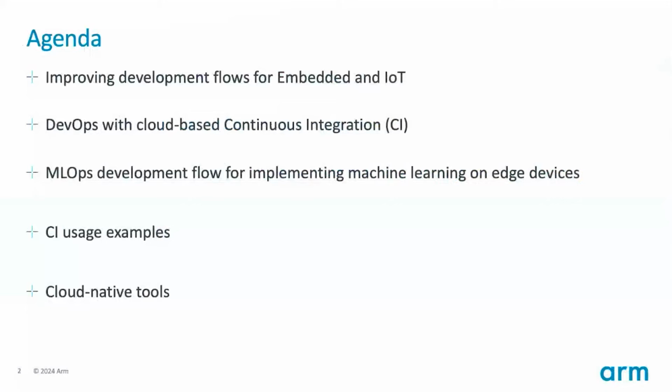So this is our agenda for today. First, I will talk about how to improve the development flows. Then I will put more spotlight on the actual DevOps with continuous integration systems. I will also talk about MLOps, which is also a new field and very related to DevOps, just more specific to machine learning applications, which are coming more and more onto edge devices.